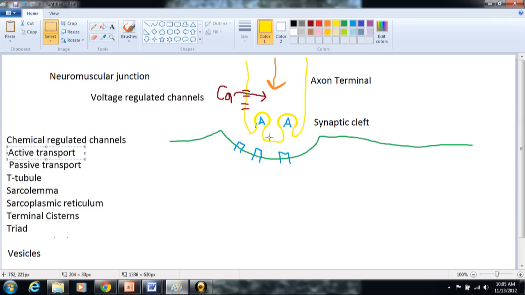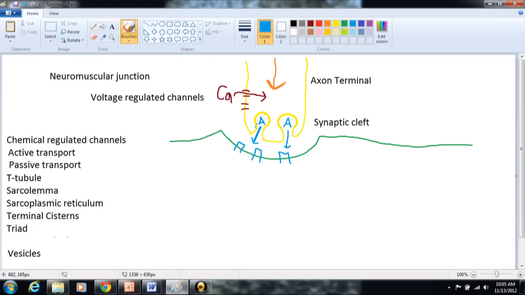Once the acetylcholine has been released through exocytosis, it diffuses across the synaptic cleft. Diffusion is passive transport.